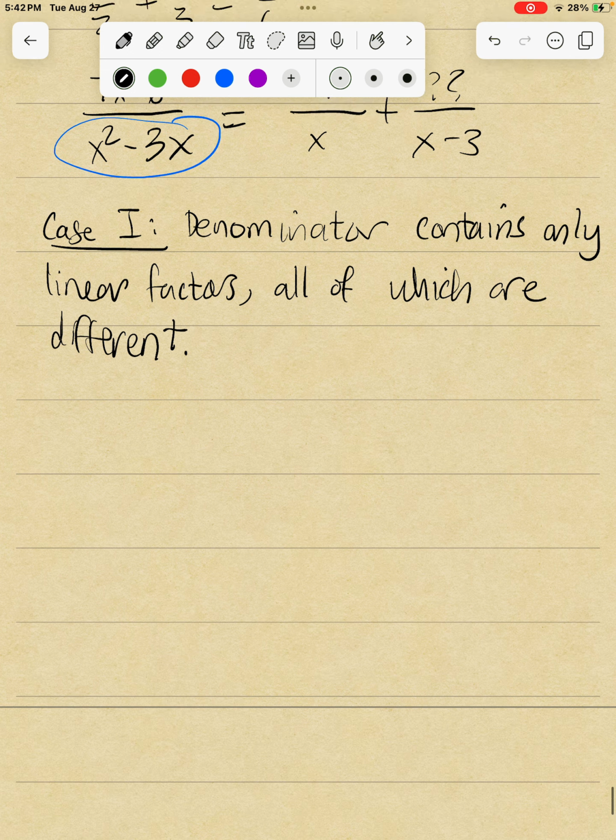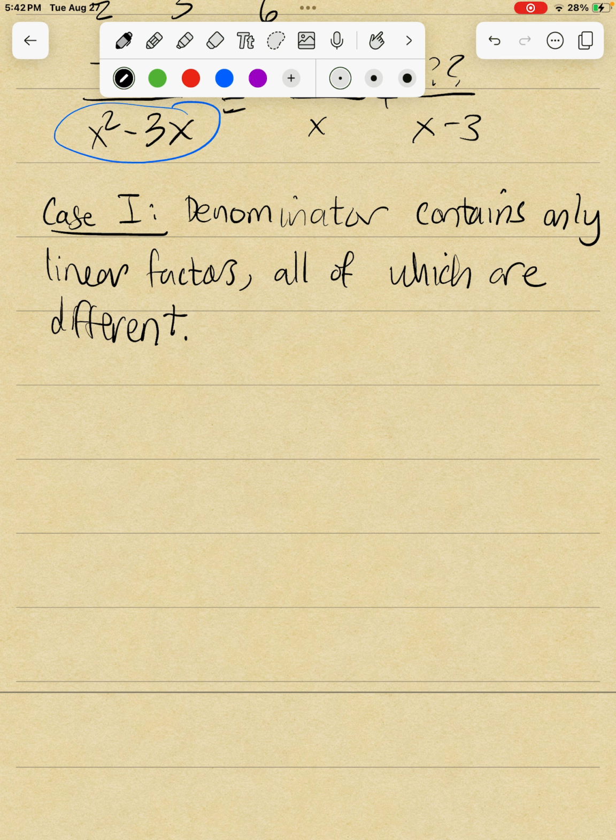I'll probably make several videos for the different cases because doing it all might be too long. But this one is the easiest case.